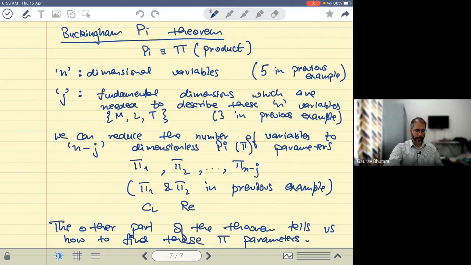We will stop here now, and in the next lecture I will tell you how to use this theorem and find these pi parameters for different cases. We'll do many examples in the next lecture to get comfortable with using the theorem in real examples. I'll stop the recording now, and in case anybody has a question, feel free to ask.